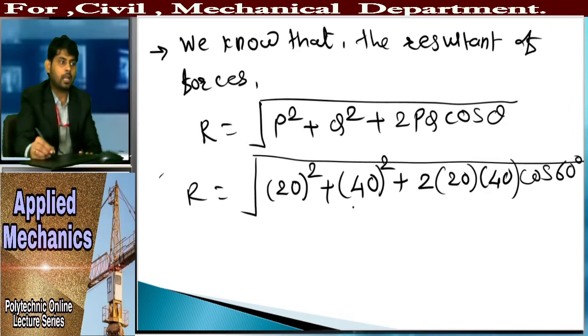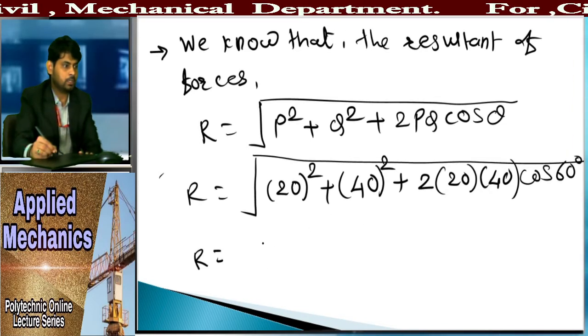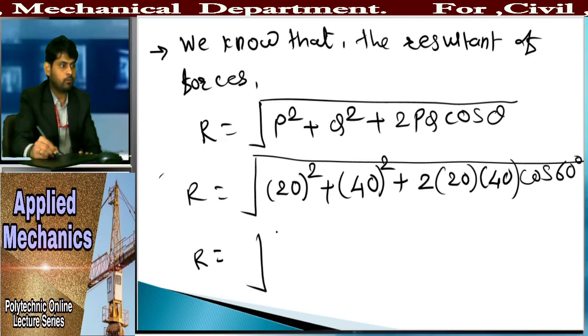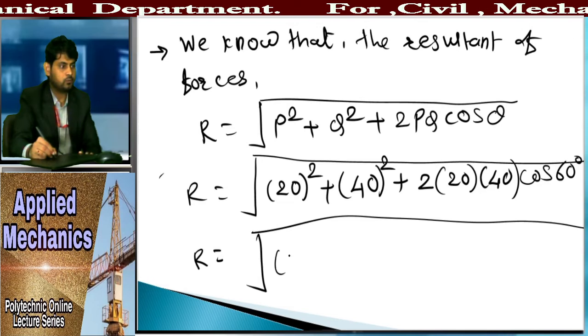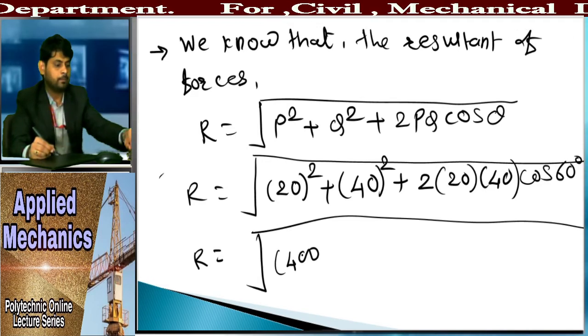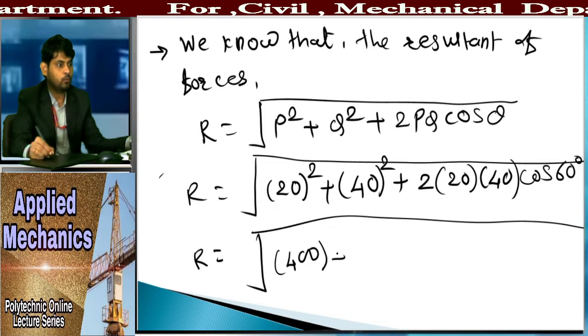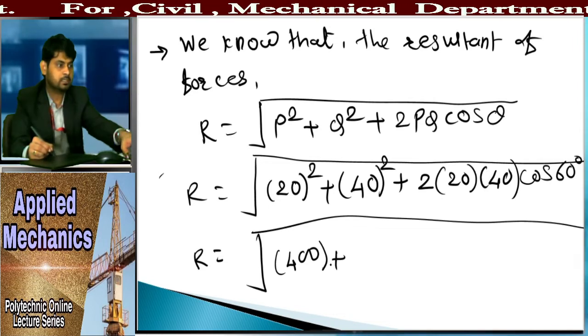After that, just do the calculation on your calculator. Then R is equal to under root of the value of 20 square, which is 400. After that, the value of 40 square is 1600.